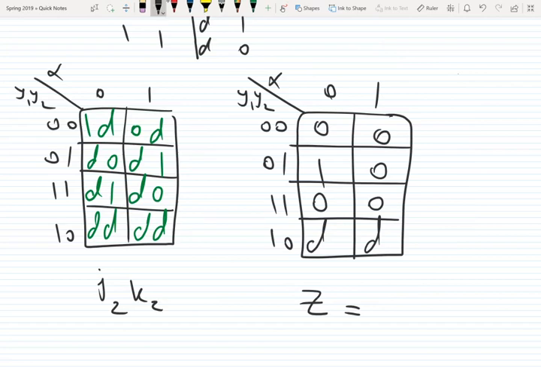The simplest group that we can find is just a single group of 1. So if you remember K-map, Z will be equal to X bar, Y1 bar, Y2. This one is the output.